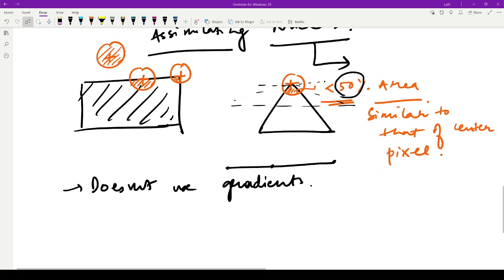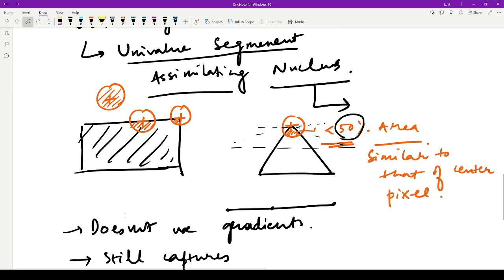Is it the low frequency information or the high frequency? It still captures the high frequency information, since we are checking how different the other pixels are from the center pixel.